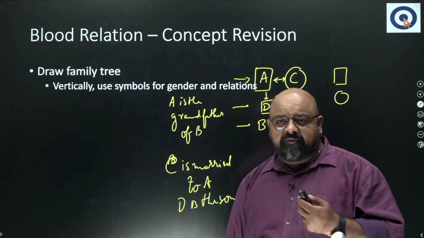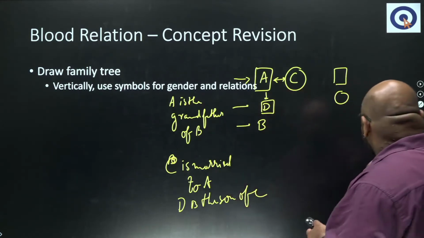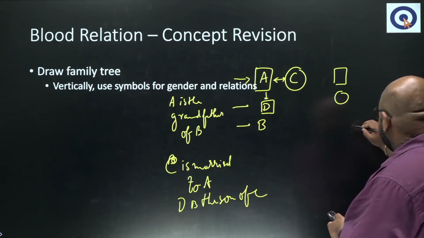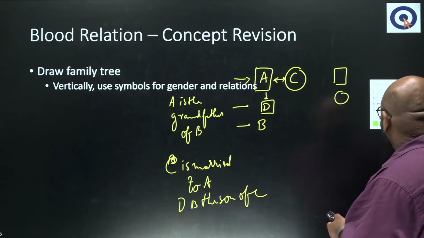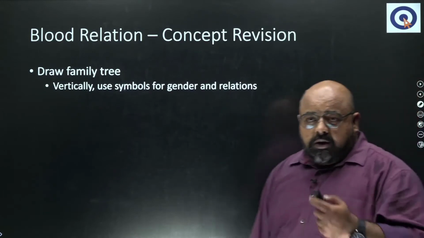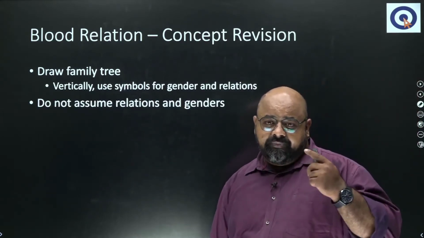That is how the family tree will keep forming. Once it is done, there is a very good chance I will be able to answer the questions that are asked.